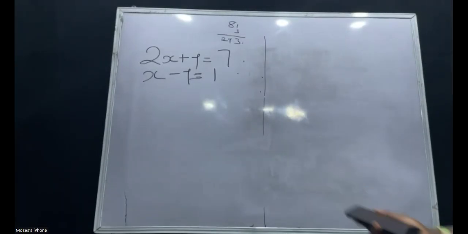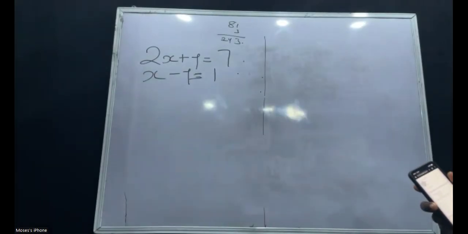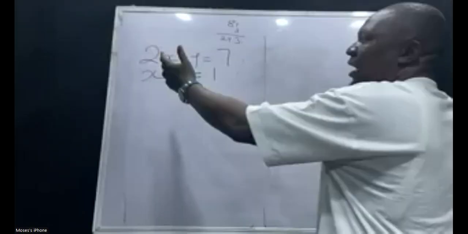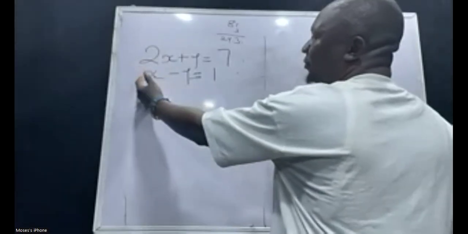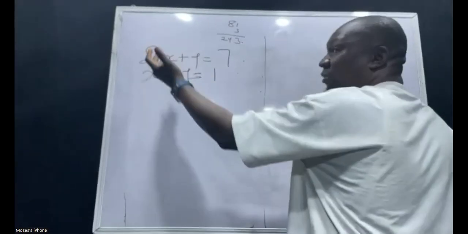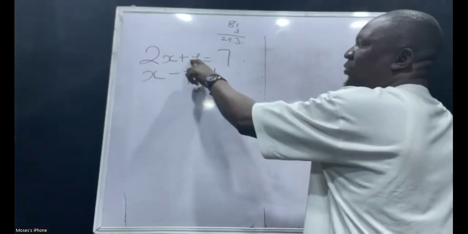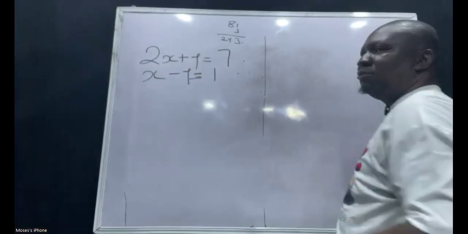You are very lucky. So if you meet a question like this in your exam, you're a lucky fellow, because you don't stress yourself. The coefficient of x is 2 and the coefficient of x is 1. You can still solve it the other way, but it is going to be complex. You have to balance the equation. But here, the coefficient of y here is plus 1. The coefficient of y here is minus 1.